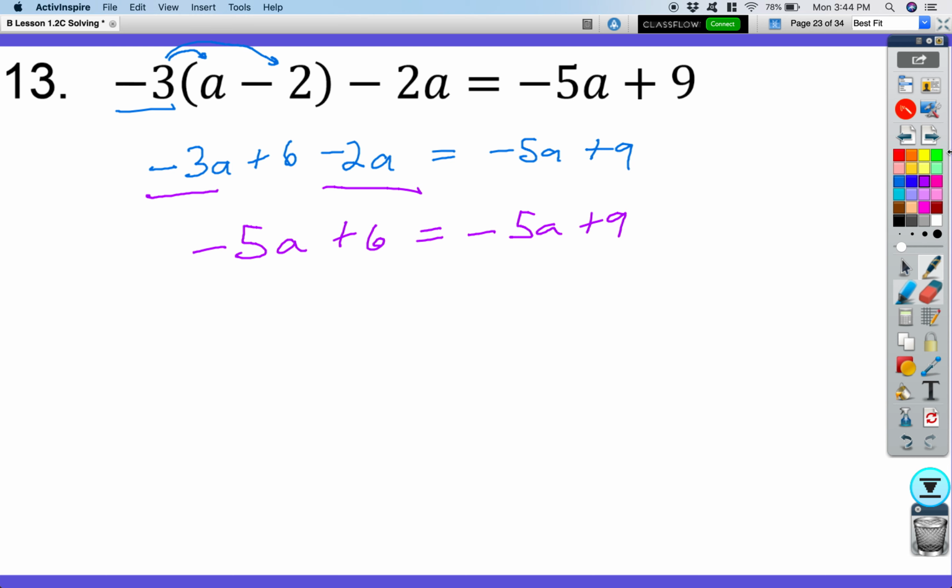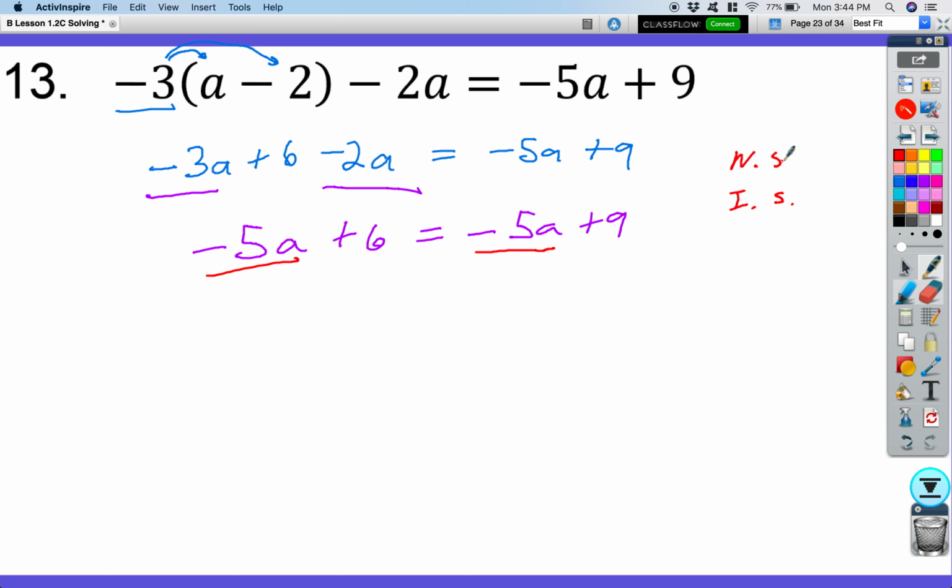Now, right here, my goal, guys, is that at this point you can start to see the structure of the equation and realize if it's one solution, no solution, or infinitely many solutions. Remember, I do that by double checking my variables. I have negative 5 on the right, negative 5 on the left. They're the same. So I'm either going to have no solution or infinitely many solutions.